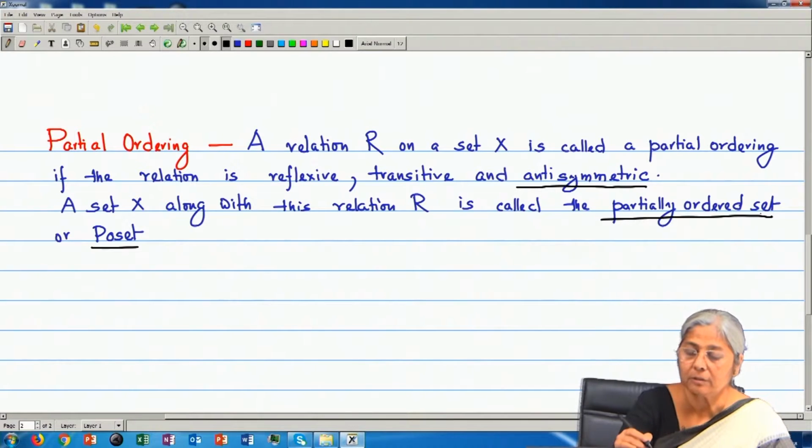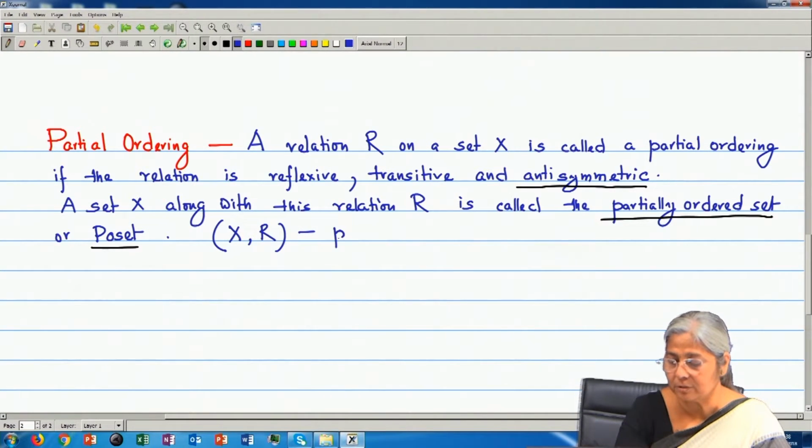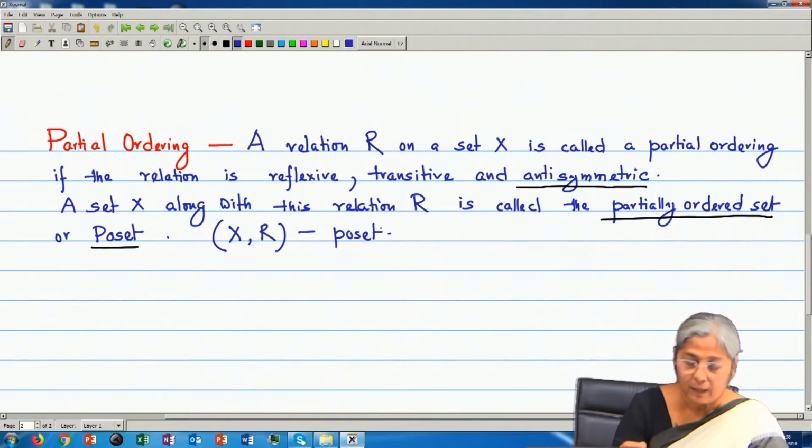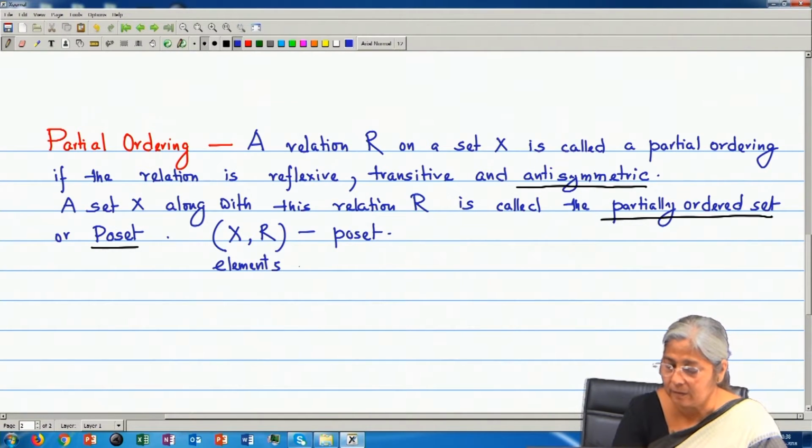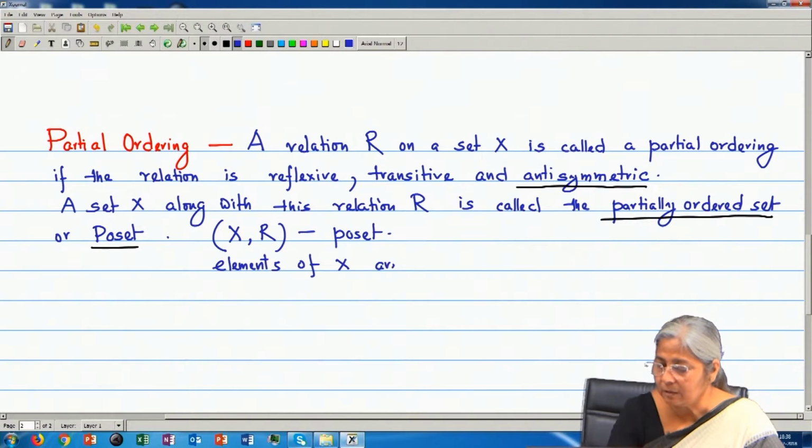Normally we denote it as X along with the relation R, we call this my poset. Okay. And the elements or members of X are called the elements of the poset.